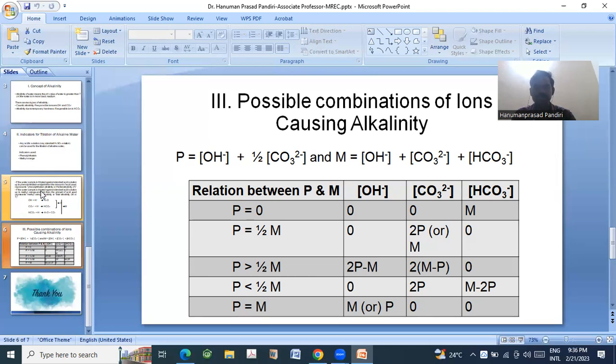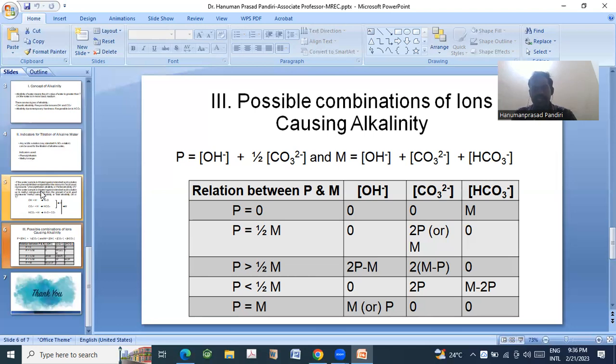So the relation will be P is greater than half M. So as I told here, bicarbonate concentration is 0 and we can derive OH minus concentration as well as CO3 2 minus concentration by adding and subtracting P and M. So in this case, OH minus concentration will become 2P minus M and carbonate concentration will become 2M minus 2P, that is 2 into M minus P. Okay, so this is about third relation, that is P greater than half M.